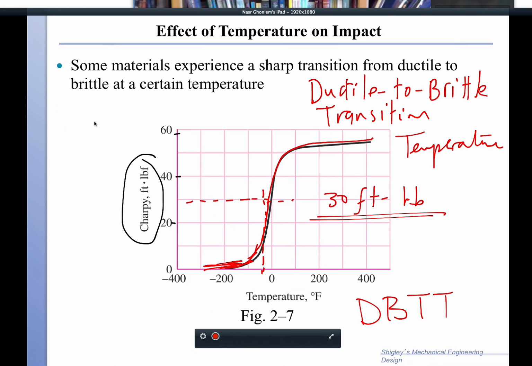So every material will have a DBTT, and the lower the DBTT, the better it is in design applications, because it will have generally higher impact properties at operating temperatures. And that's what we look for in crash or impact applications, right?